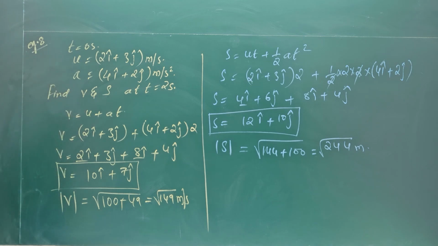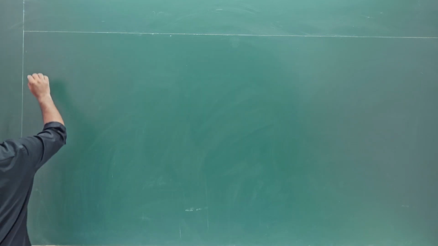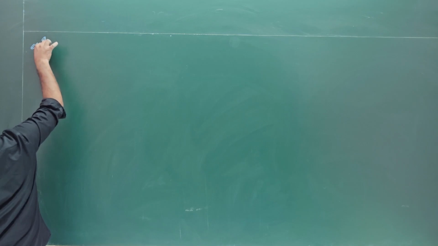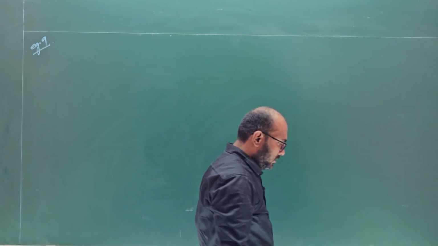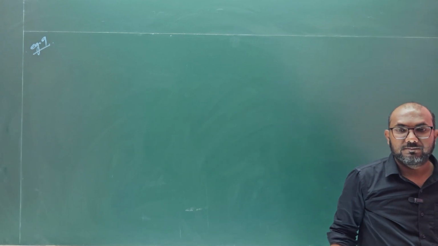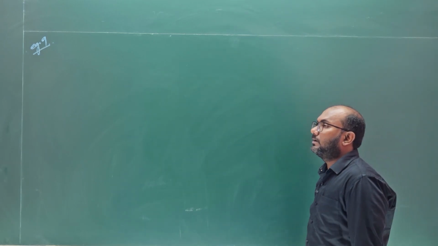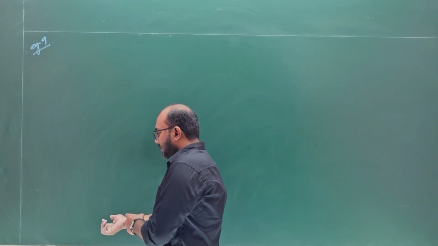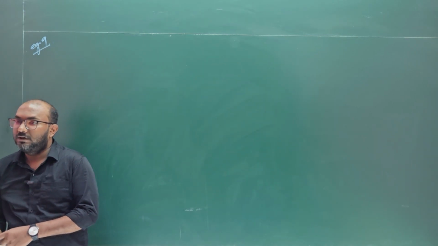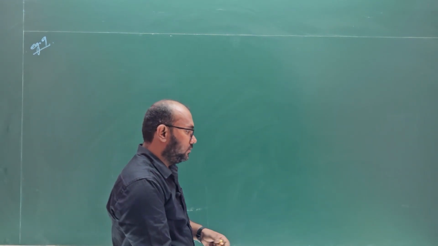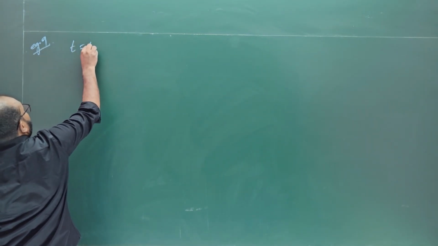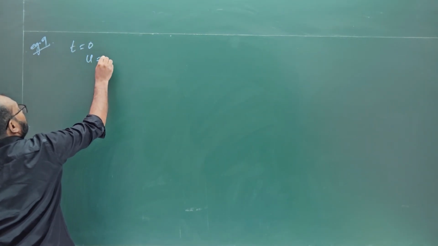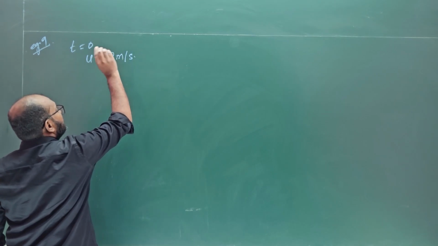Okay, write down. Example number 9. Write the question. Velocity of the particle at t equals 0, u is equal to 2 meter per second.